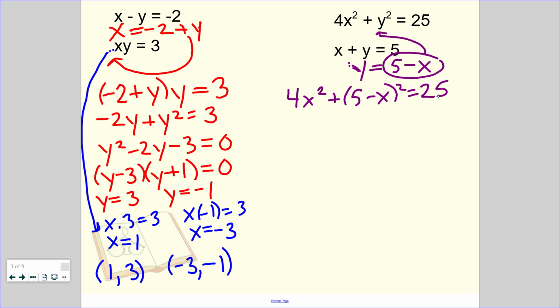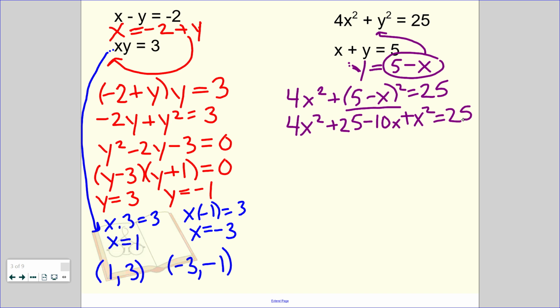The next thing I can do to solve here is I can FOIL out my (5 minus x), so think of that like (5 minus x) times (5 minus x). That's going to give me first terms 25, outside terms -5x, inside terms -5x, so total I'll have a -10x. And then last terms are -x and -x, which gives me a positive x squared.